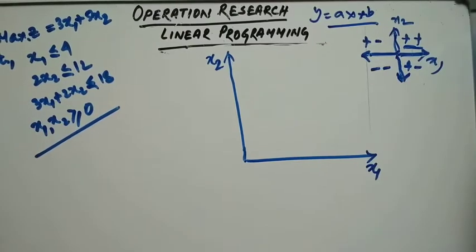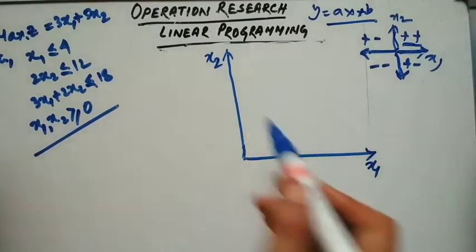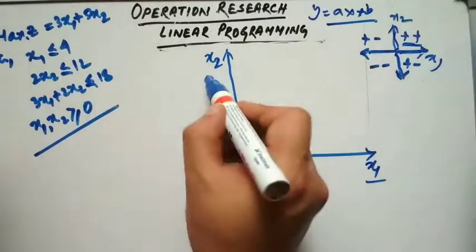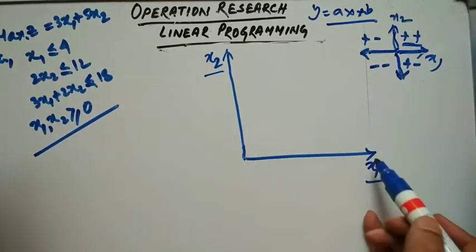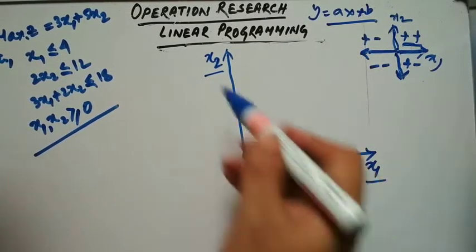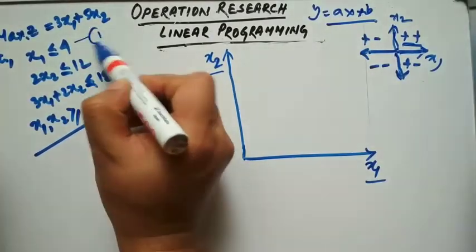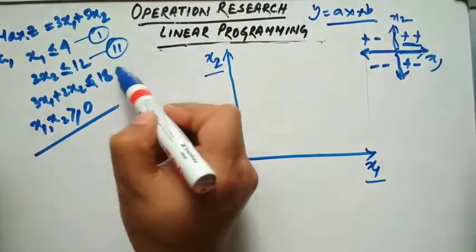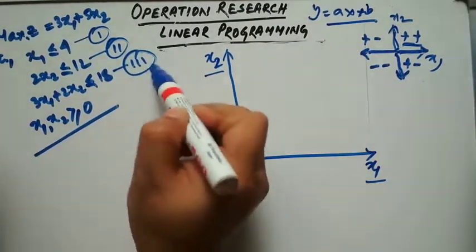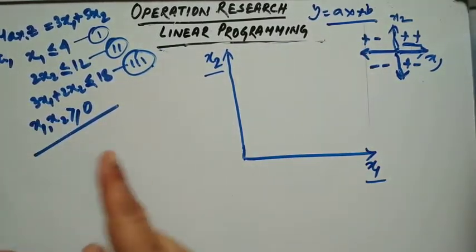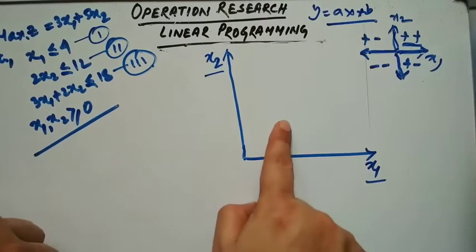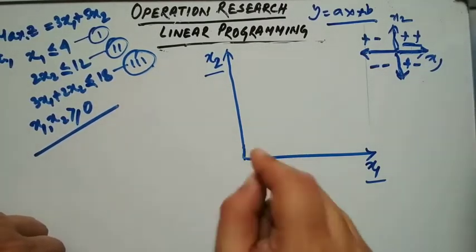Now we have plotted a graph using x1 and x2. You can say x-axis as x1 and y-axis as x2. Now we have to plot these equations. You can give them names, say these are the equations. So we have to plot all the equations in this particular graph and solve graphically.